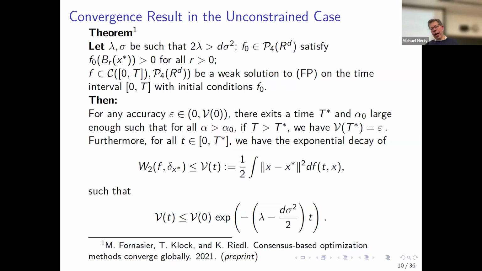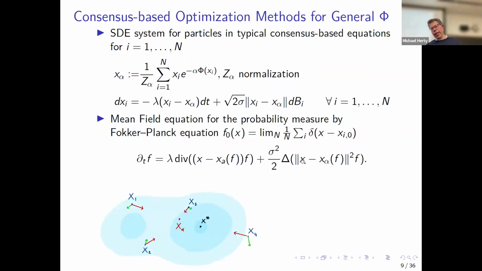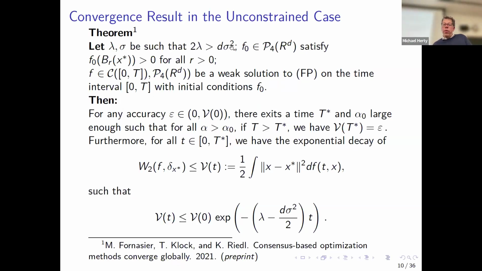This is the isotropic case. If you would skip this square here and have as dynamics not the norm of xi minus x alpha, but really xi minus x alpha, then you can lose this dimension dependence here.